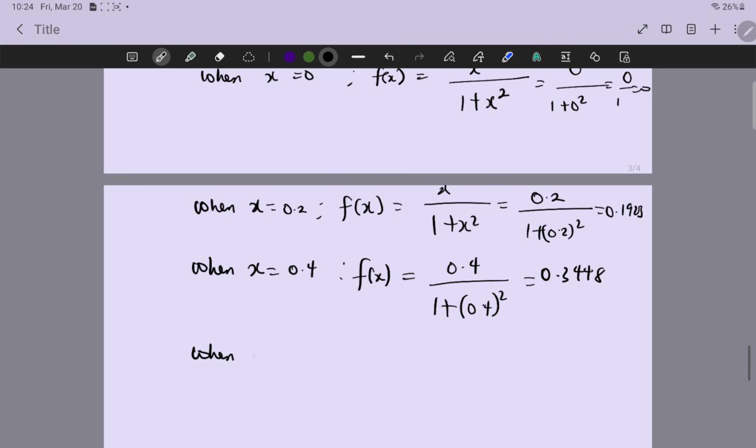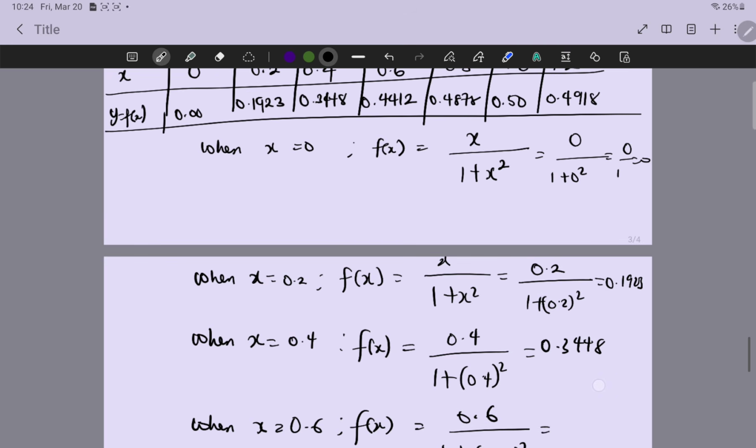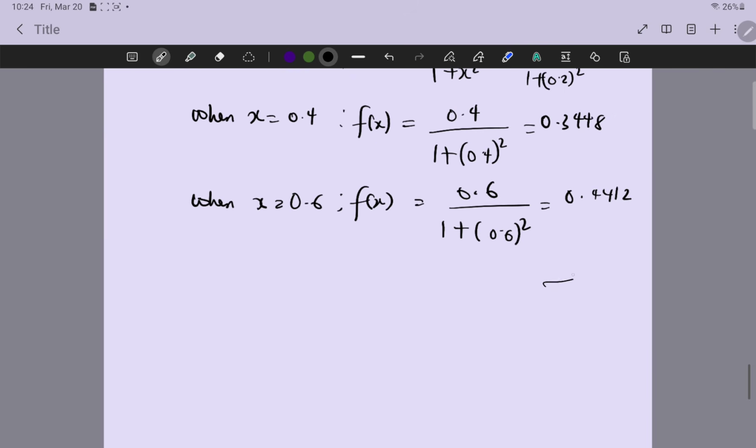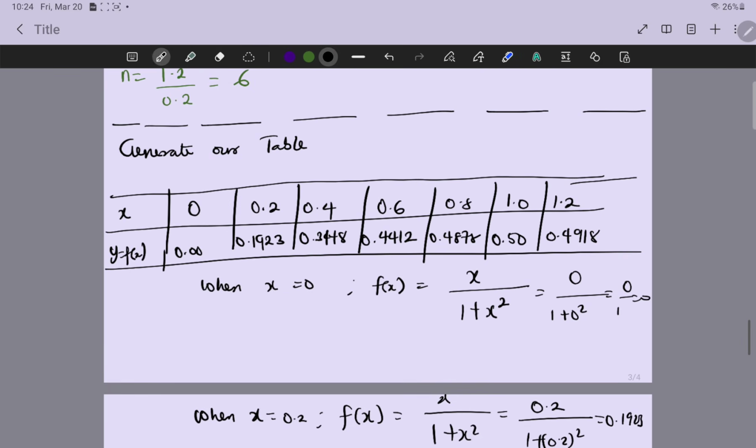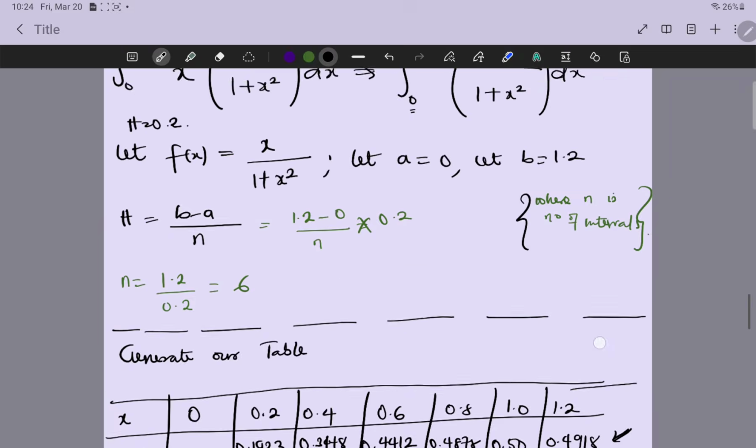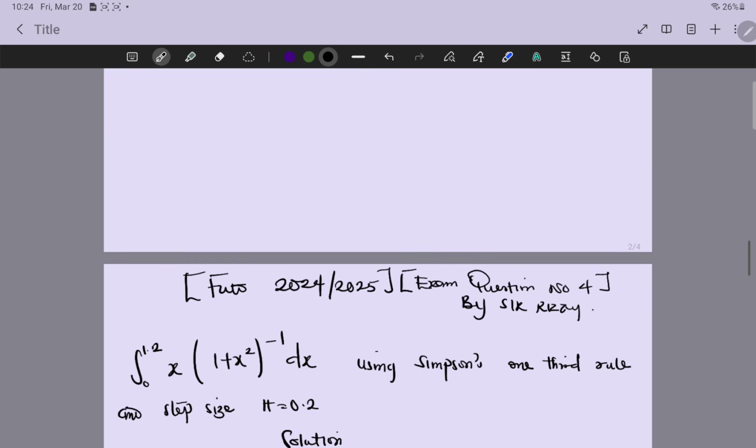When x is 0.6, f of x, just follow the pattern, 1 plus 0.6 all squared, you have 0.4412, and so forth. That was how this table was filled. Meanwhile, we are solving a FUTO question, 2024 to 2025 exam, question number 4.